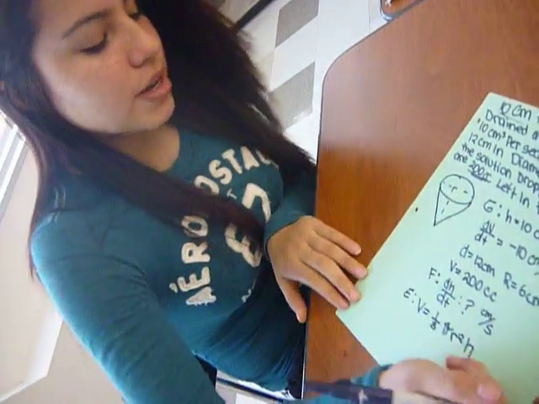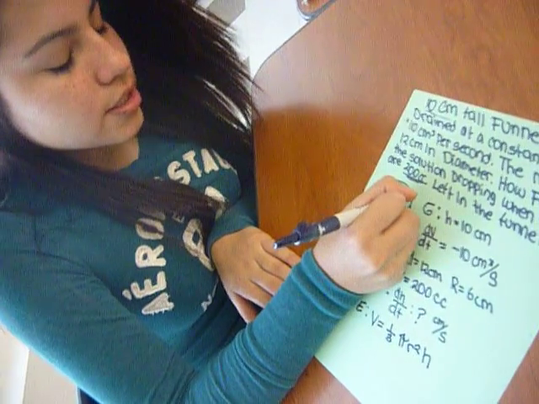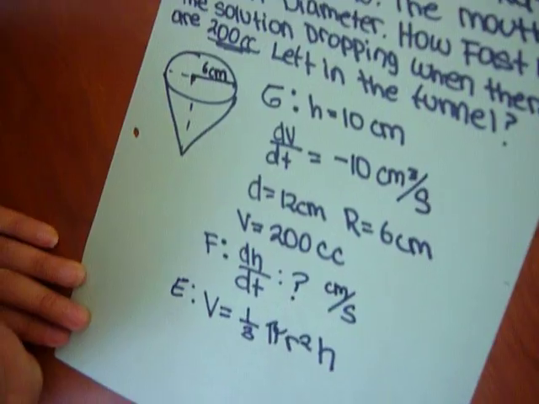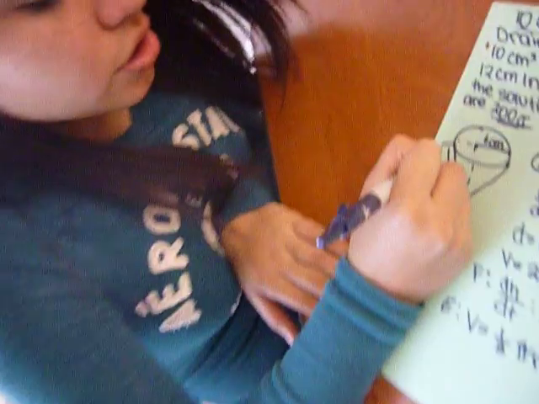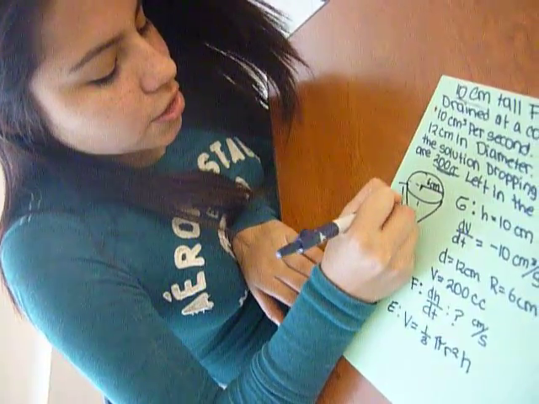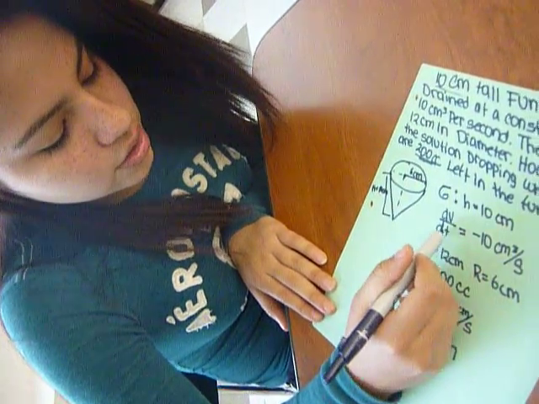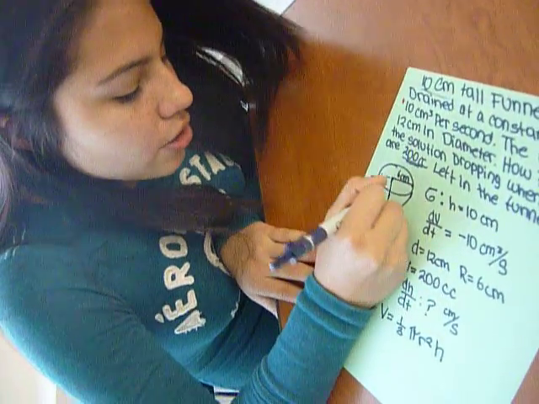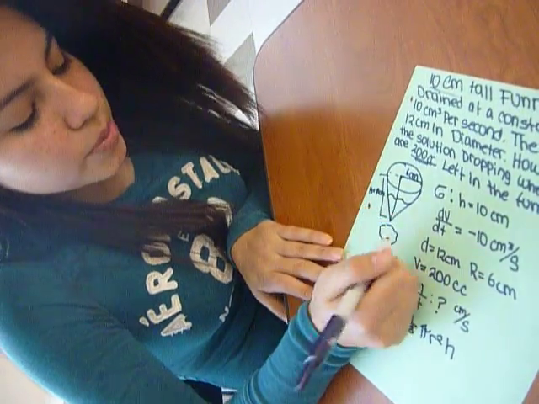So now when we go back to labeling our picture, we know that this is 6 centimeters, that's the radius, and then the height, which would be the big H, is 10 centimeters. And then we know that dV over dt, that's dropping. Our solution is somewhere over here, and it's dropping, so it's forming a puddle.